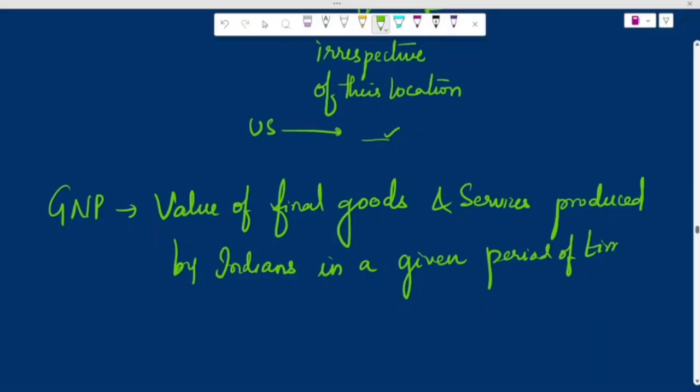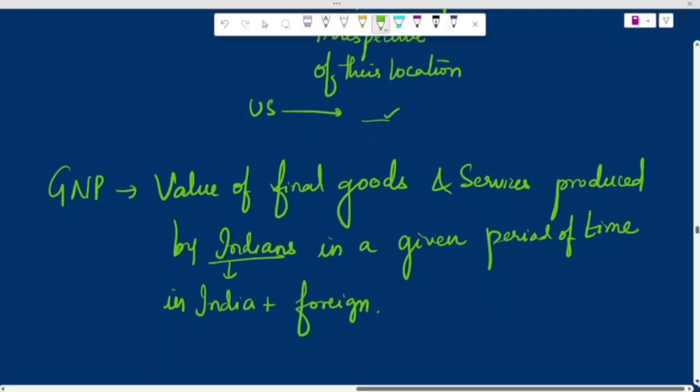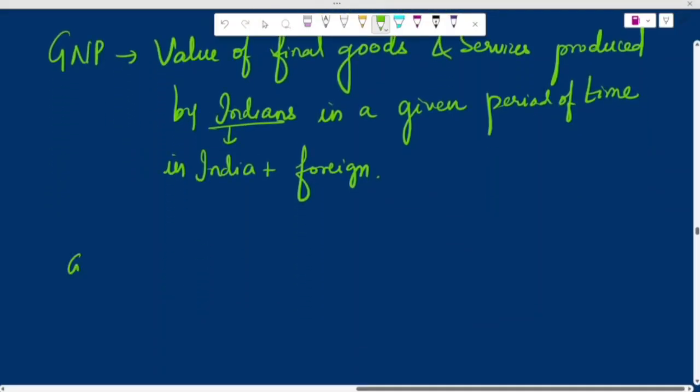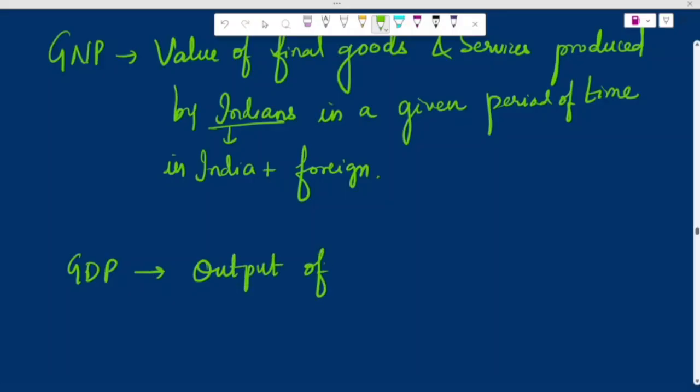Usually we'll be speaking about a year, the tax year. Indians in India plus Indians in foreign countries. Right? So GDP is the output, the total value of goods and services, which is nothing but the output of Indians in India plus foreigners in India.